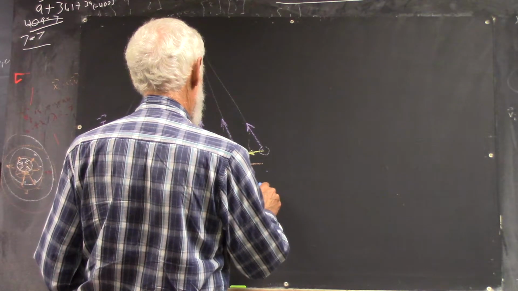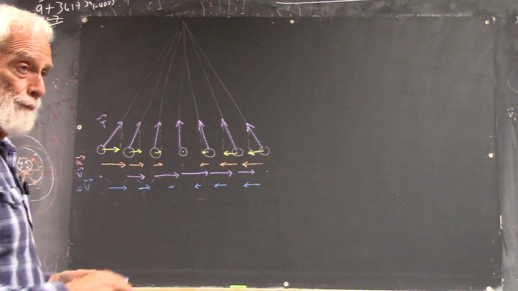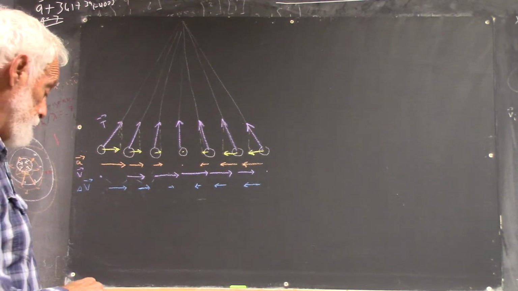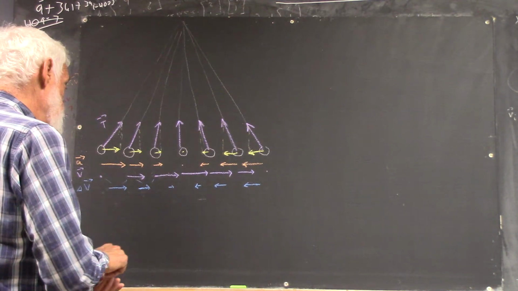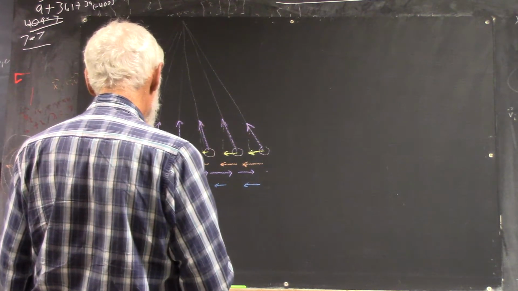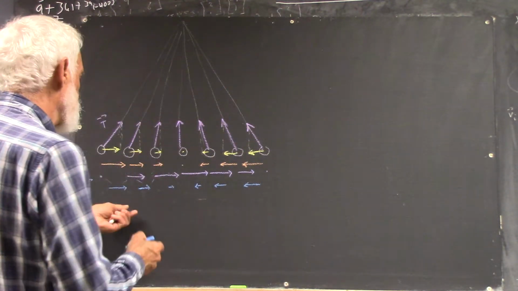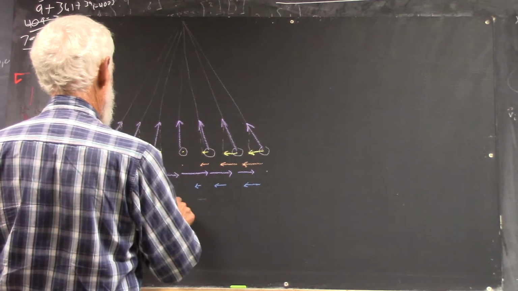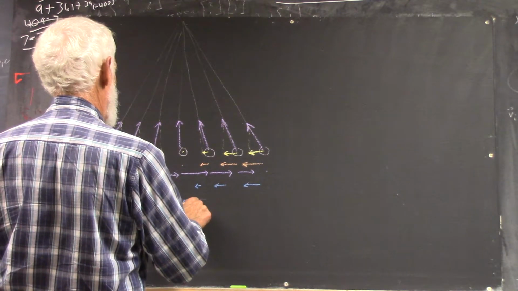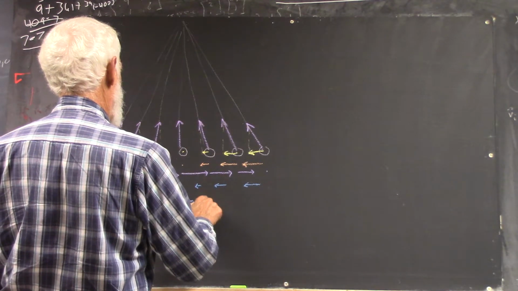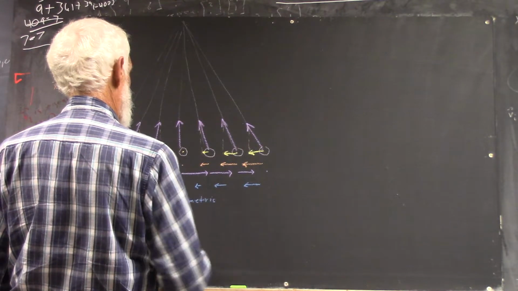Better to say it's going to be equal and opposite to this one, okay? So these delta V vectors are symmetric. Okay?